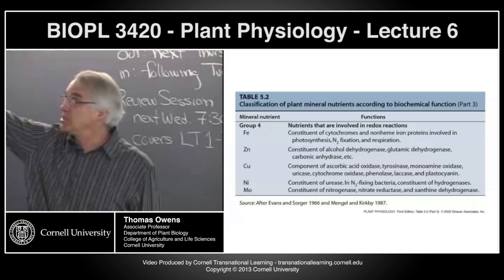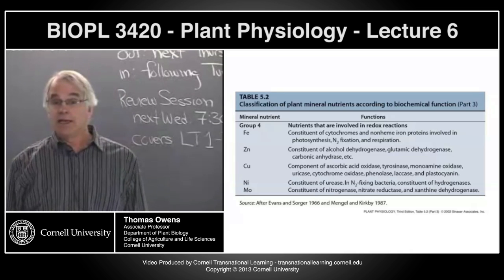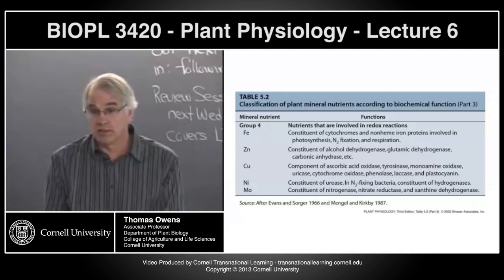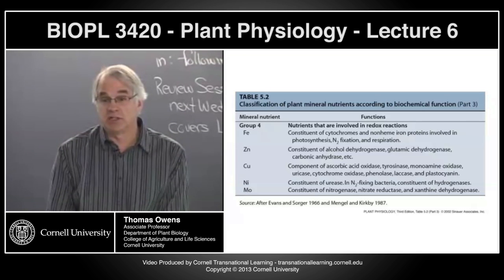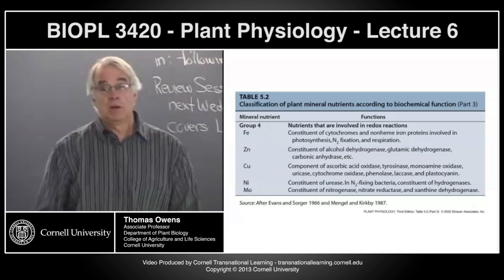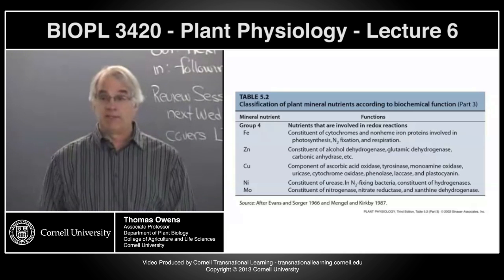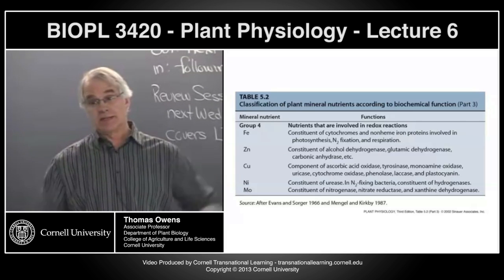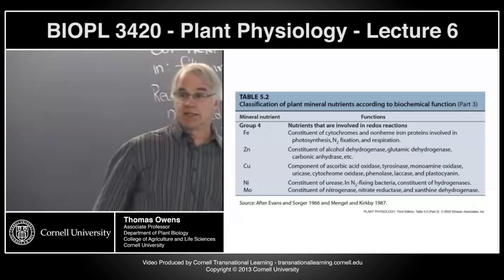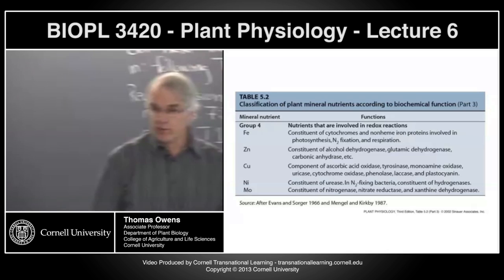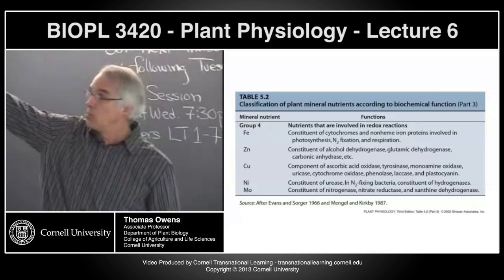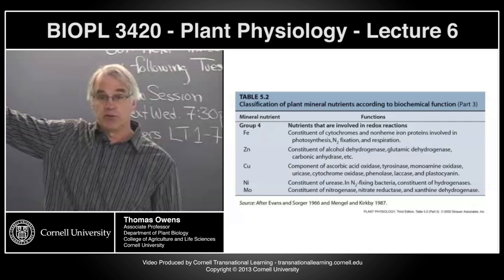So deficiencies in a lot of these ions end up causing changes in the pigmentation of the leaf associated with either inability to produce chlorophyll or chloroplasts or damage to chlorophyll or chloroplasts. So that's what ties all these things together to photosynthesis and the green color of the leaves, because so many of these things either directly or indirectly affect that.